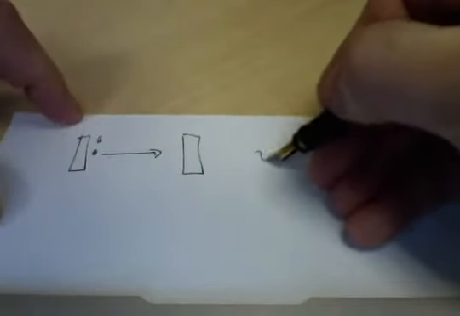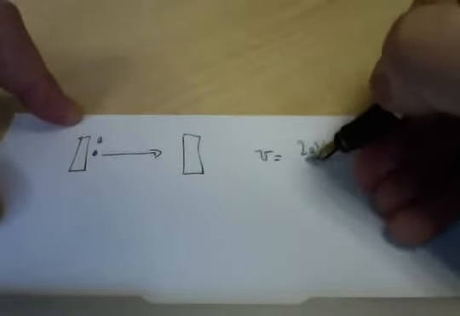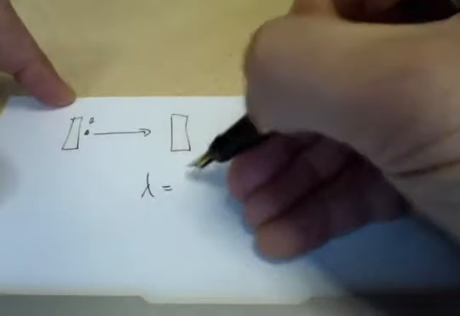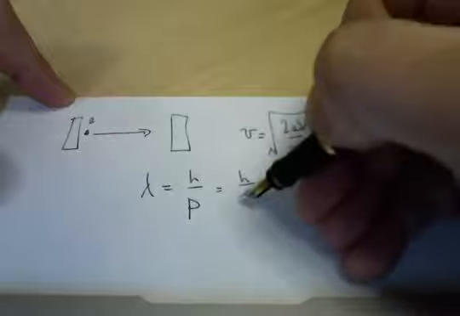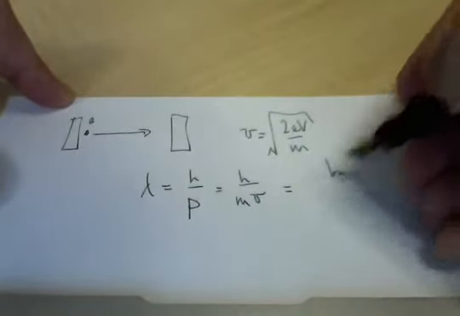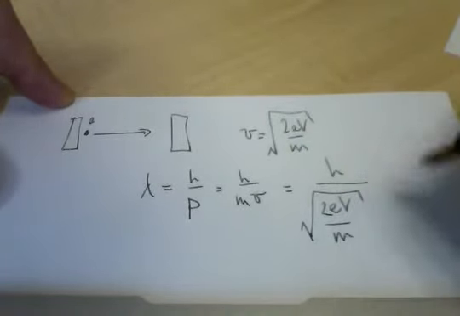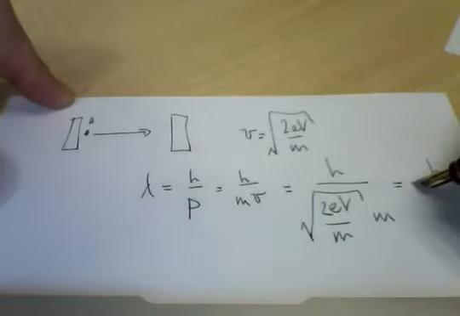I'll write that down. First of all, if I accelerate this electron between two plates, and I know that the velocity of my electron is the square root of 2eV over m, as shown before, and I want to work out the wavelength, which is h over p, h over mv, that gives h over root 2eVm.